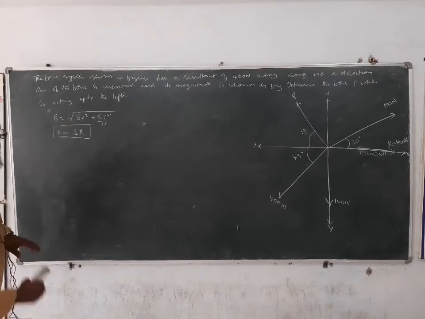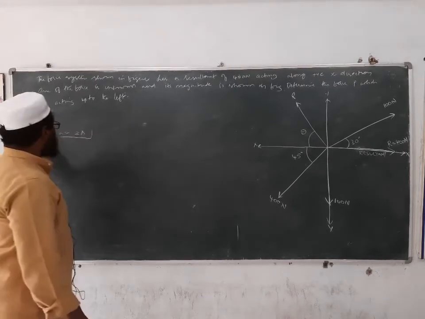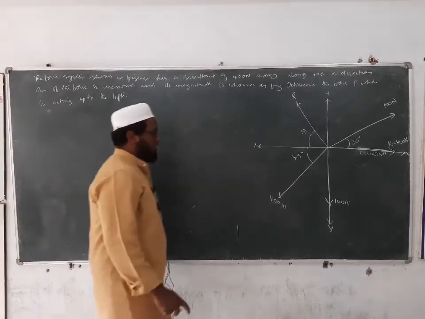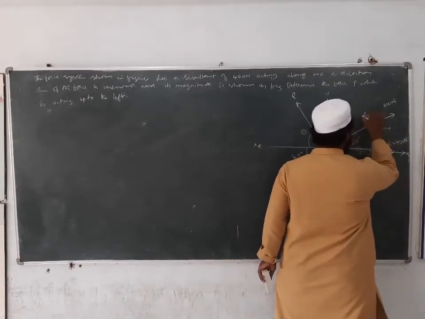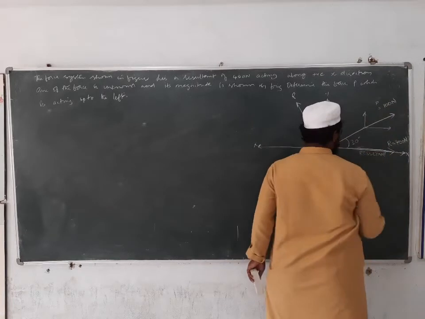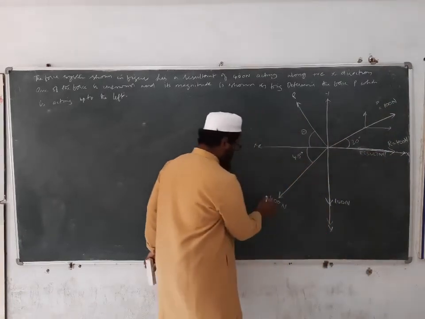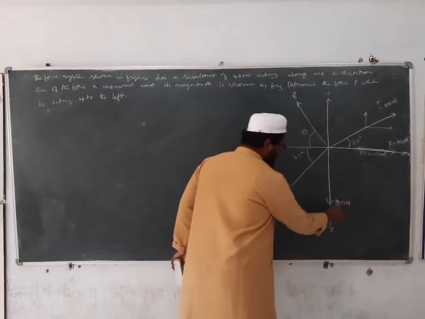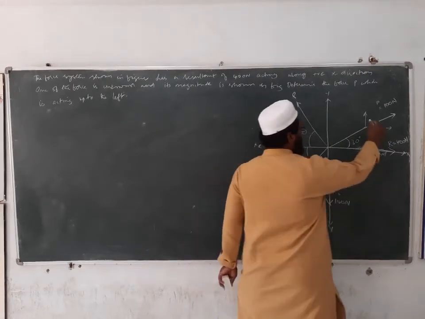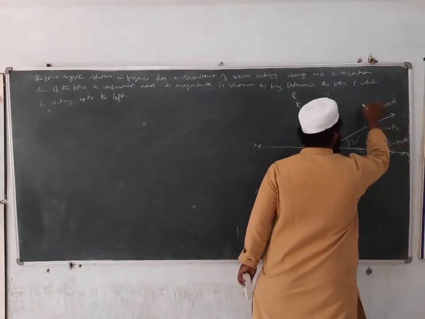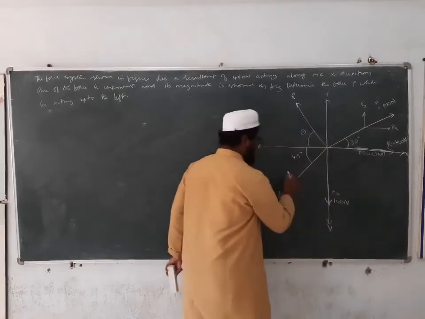Before that, we'll take down all the components, each and every component. How will you calculate components? Let this force be P, this force be T, and this force be F. So this is Px, Py.